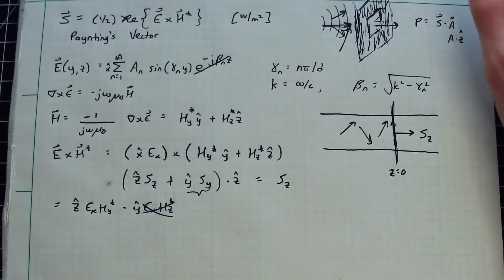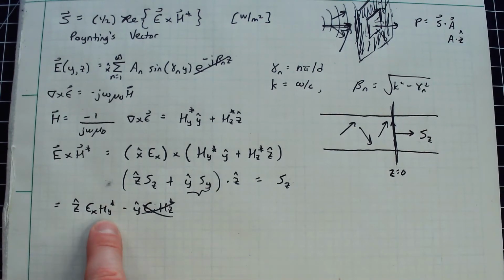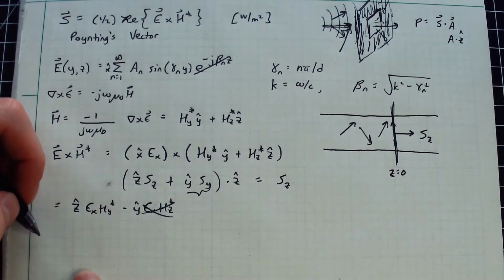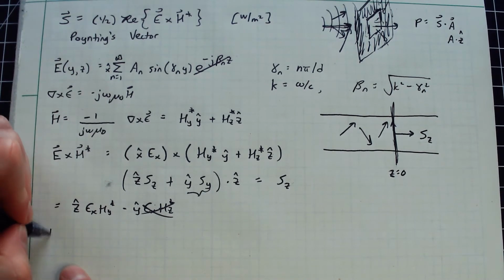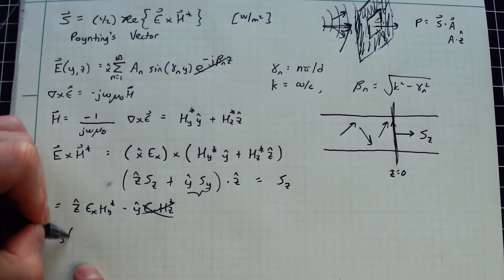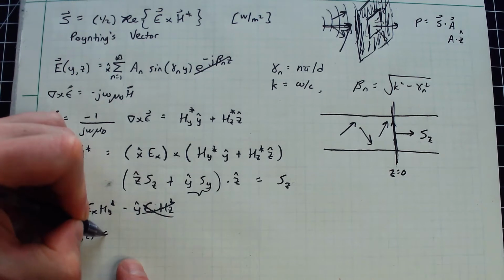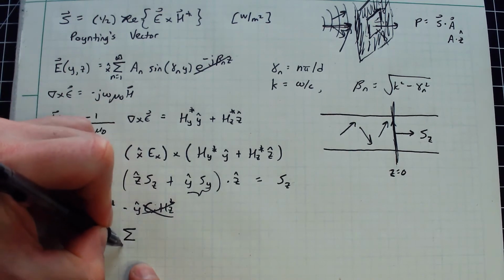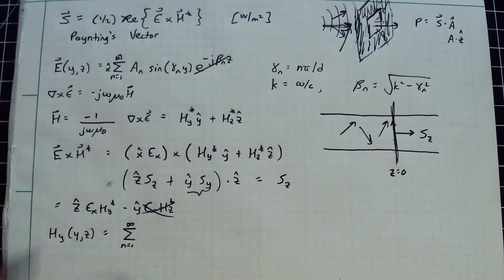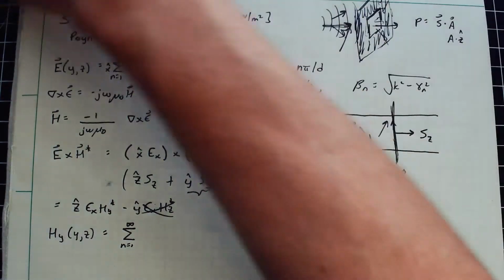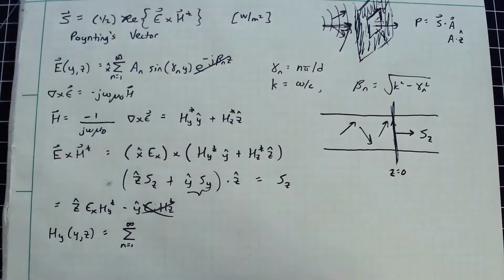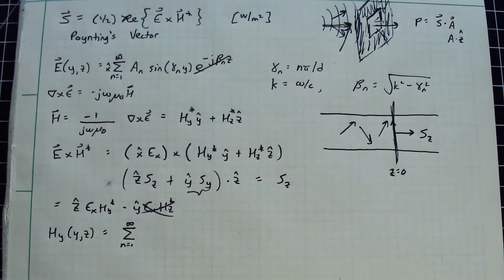Now, remember, we did a calculation on H_y, and what we got was H_y as a function of y comma z, which gave me another summation from n equals 1 to infinity. So let me get my notes out here. Here we go. And we got the following.